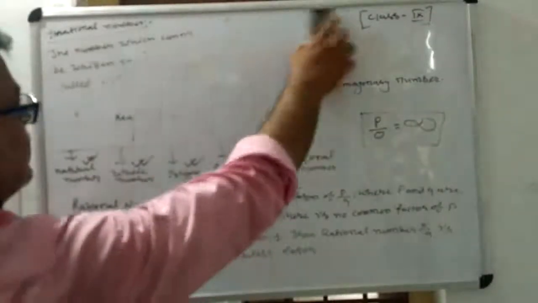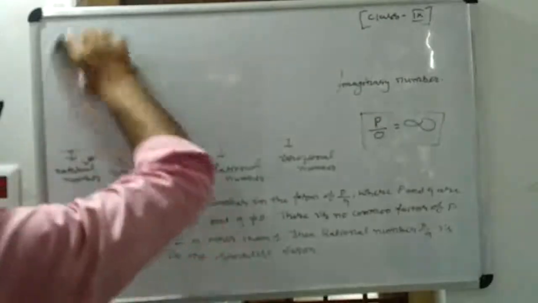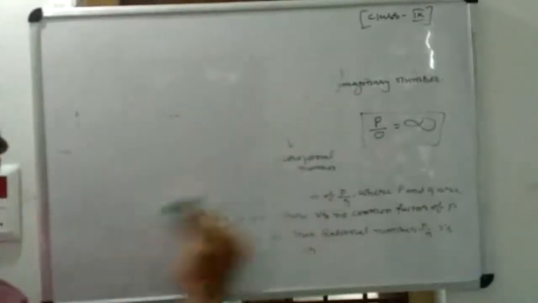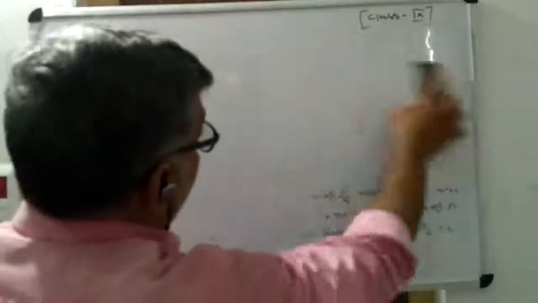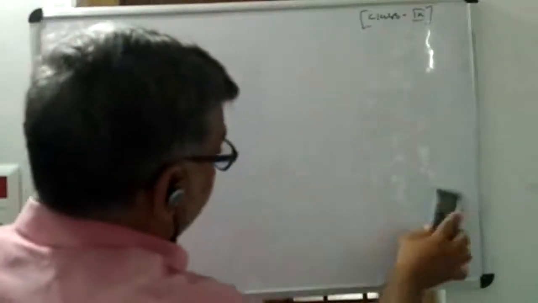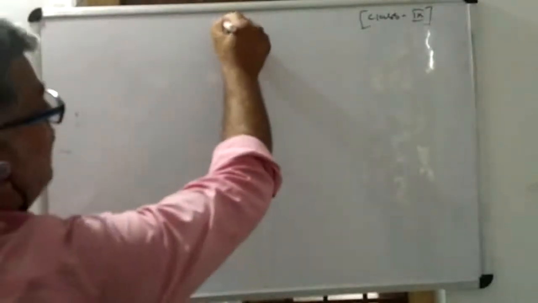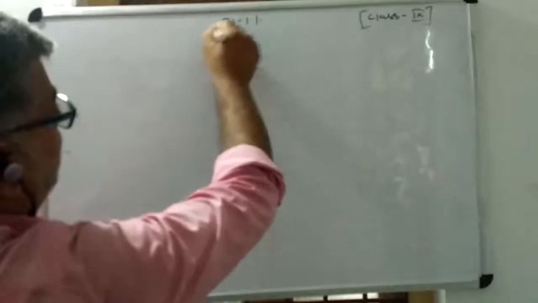Now coming to the exercise of the chapter number system, which is your first chapter, and that's why I am again starting from the first chapter. So exercise 1.1, let's see.